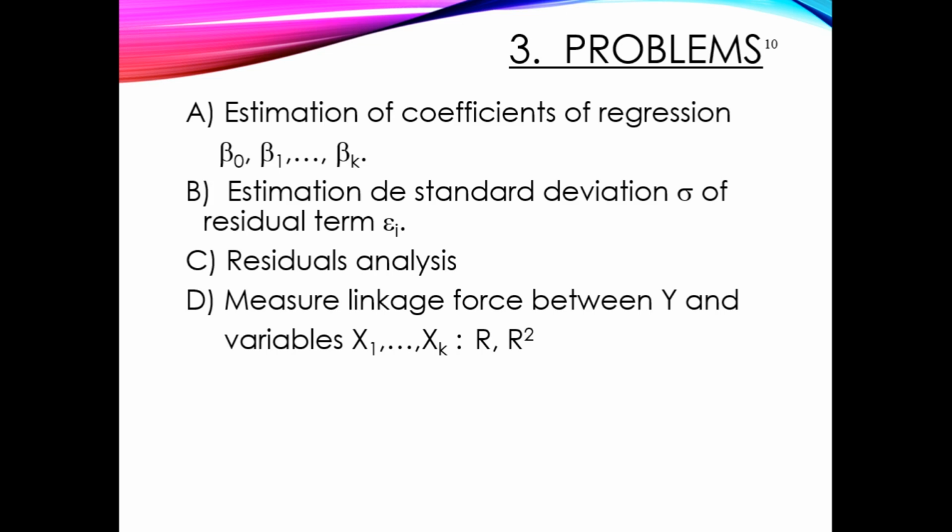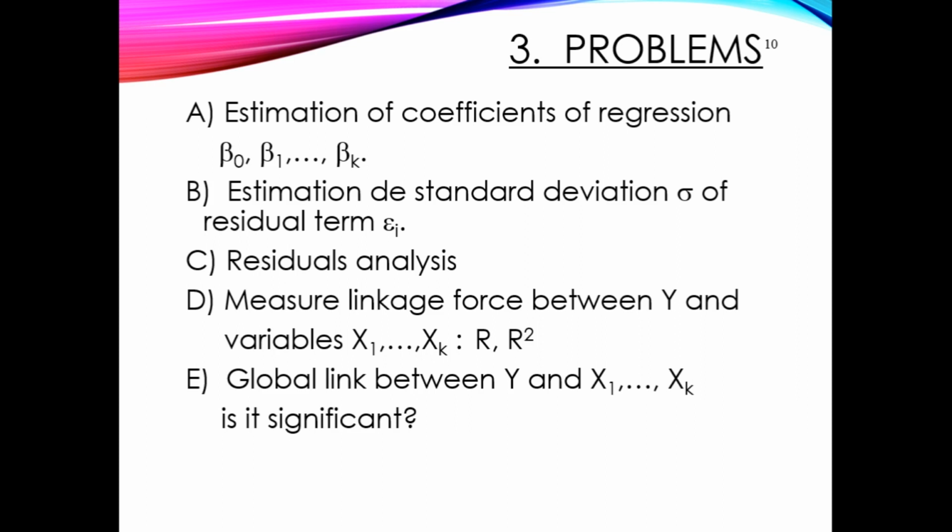We can also look at the link between y and every single explanatory variable taken alone. That is the significance of a variable. We can also look at the global significance of our model.